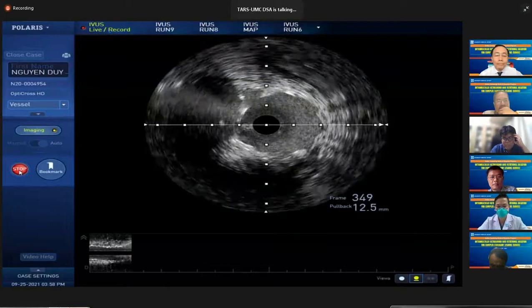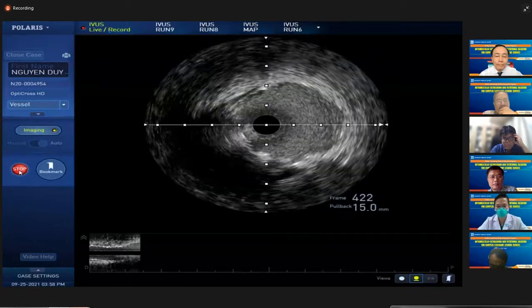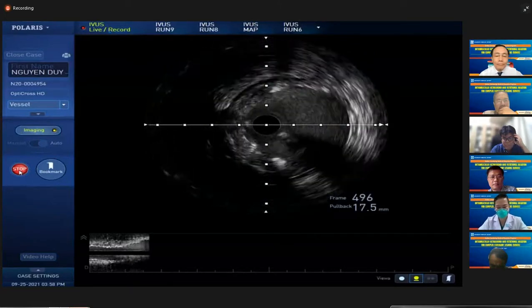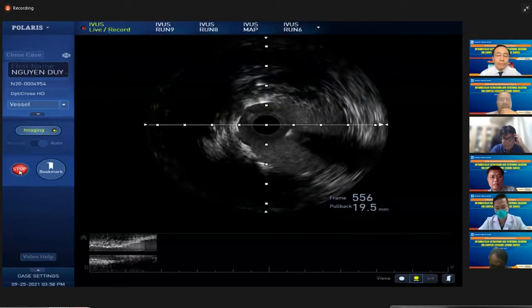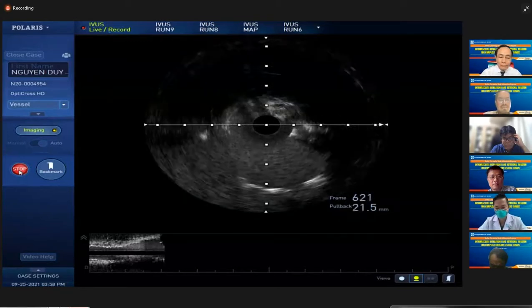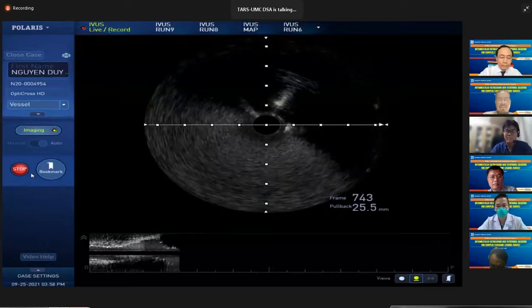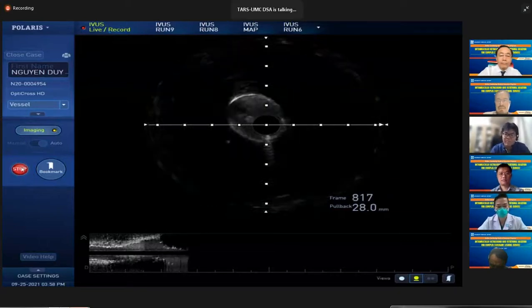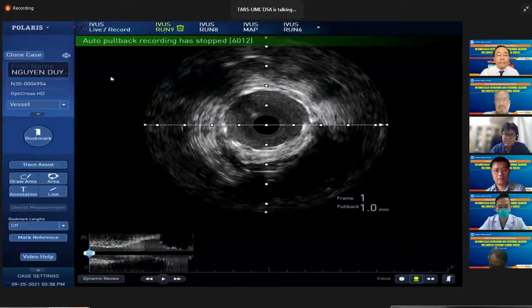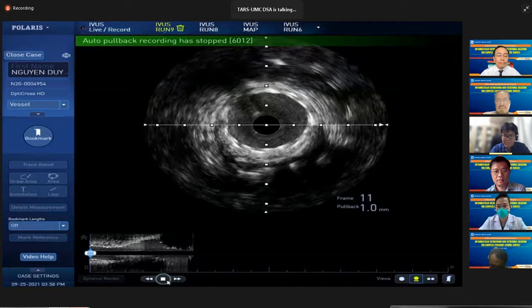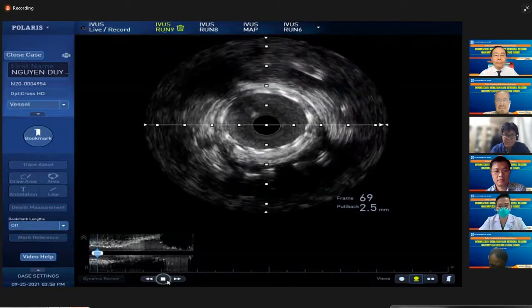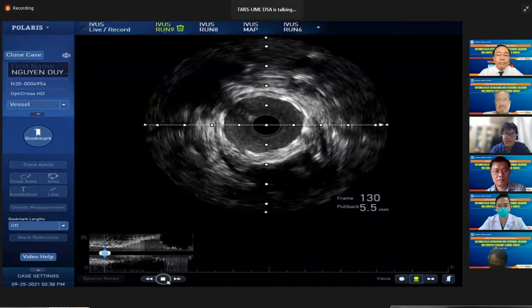Yeah, this is the left main. You see the very big left main here. The stent protrudes about 1 mm into the aorta. So can you show me the wire in the circumflex by the longitudinal view? Dr. Kuramisu, can you see the IVUS?